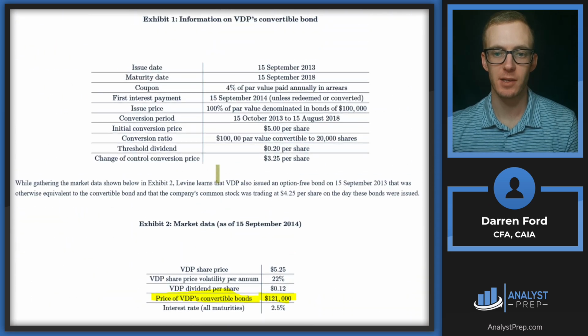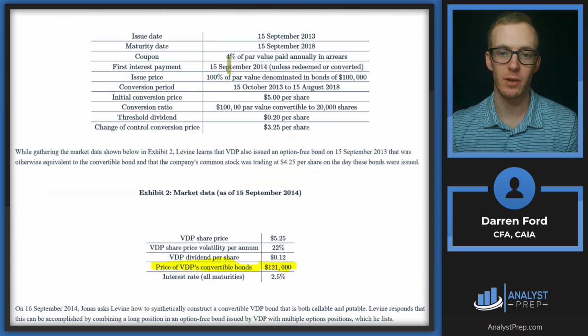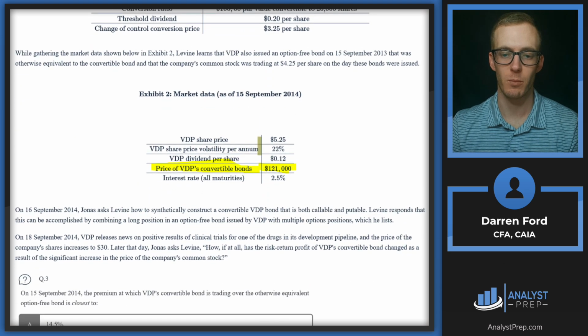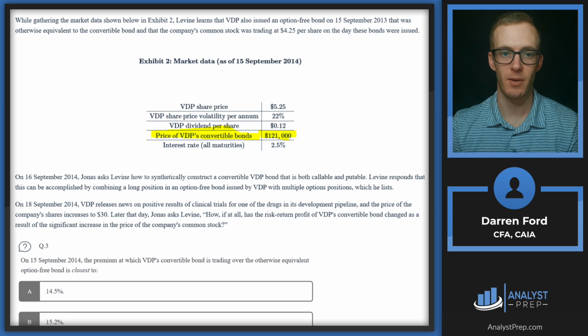The option-free bond is basically what we calculated in question 1 of this case as well. So we're going to be discounting those cash flows back. That 4% coupon plus the par value, discounted back for 4 years, is going to give us a straight bond value, and then we're just going to put 121 over that straight bond value, and that's going to give us our answer.